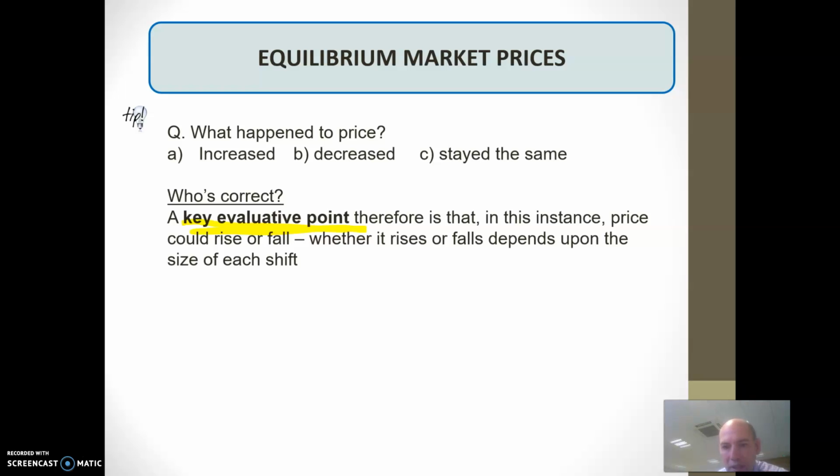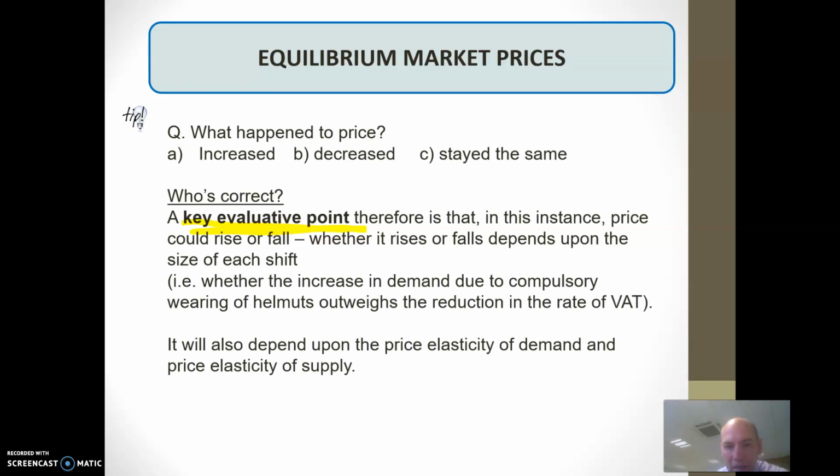Whether it increases or decreases depends on the size of each shift, i.e. whether the increase in demand due to the compulsory wearing of helmets outweighs the increase in supply due to the reduction in the rate of VAT.